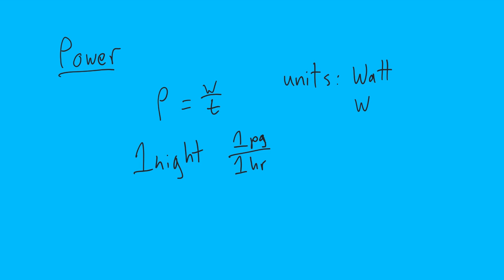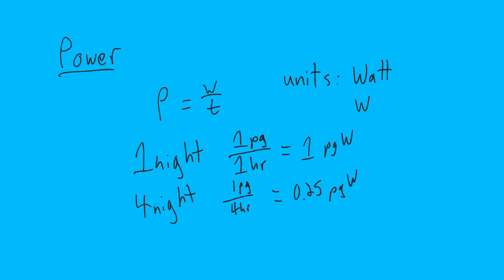So we would say this is 1 page watt or something like this. But the people that do it in 4 nights do 1 page in 4 hours. And so they're only exerting 0.25 page watts or whatever.